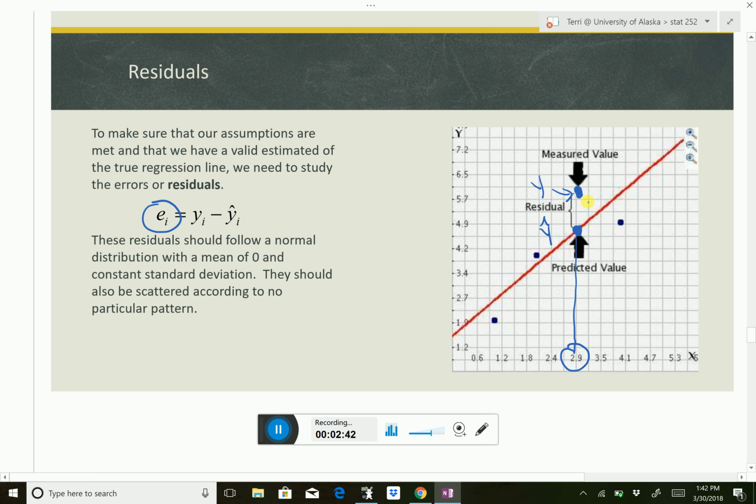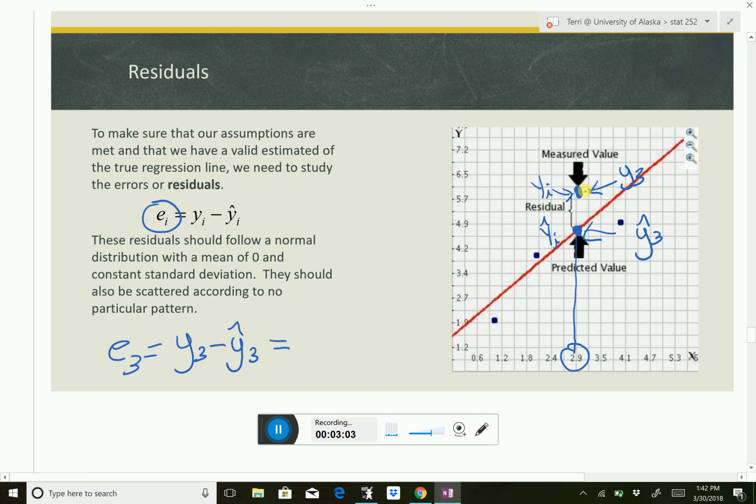I'll say i, because it's number 3. So this is y hat 3, and this is y number 3. So e number 3 would be y number 3 minus y hat number 3.